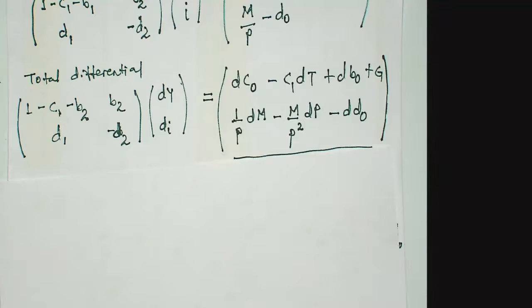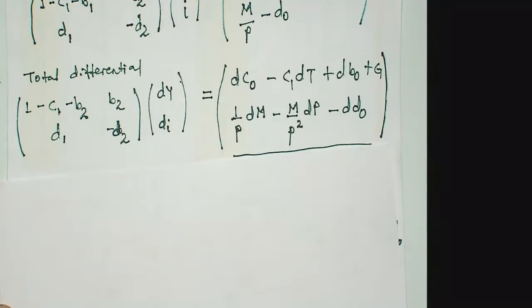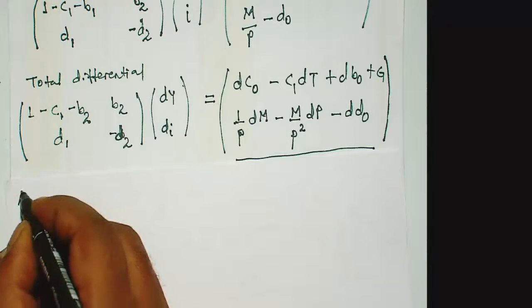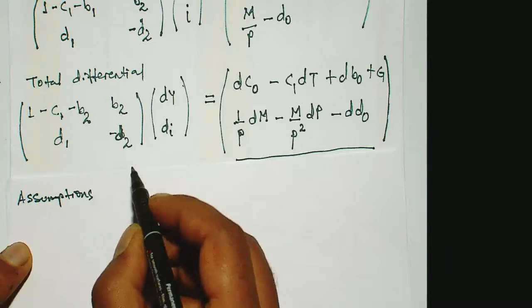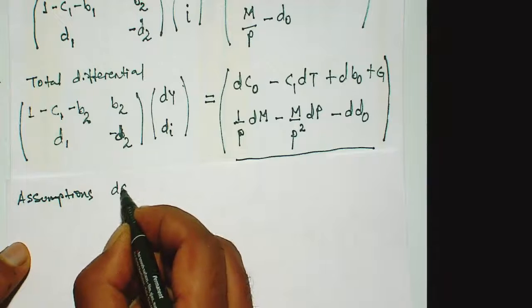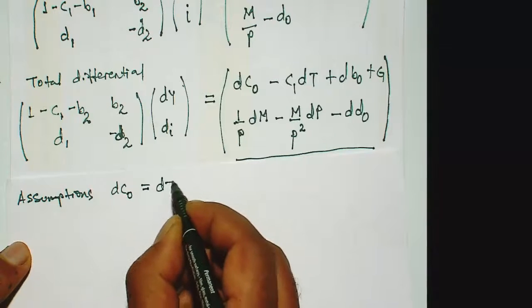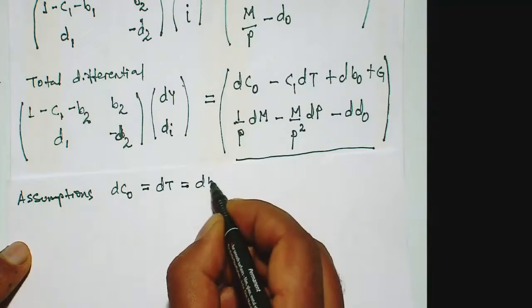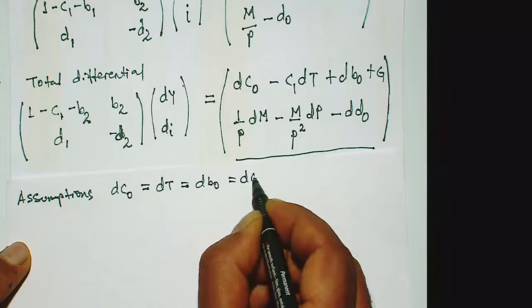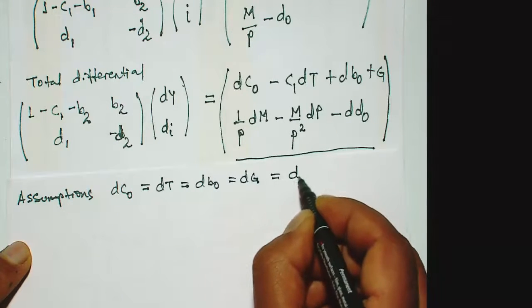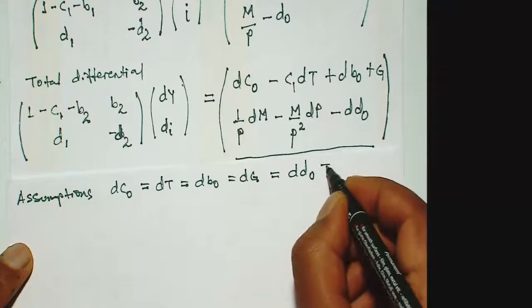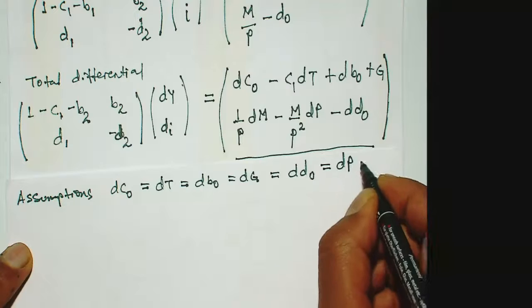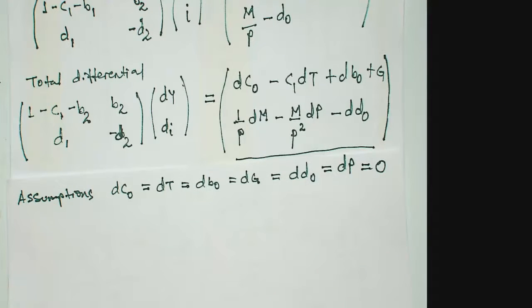So after the total differential, what we have to do is, like we always do, we have to have our assumptions clear. So our assumptions are dC0 is equal to dt is equal to dB0 is equal to dG is equal to dD0 is equal to dP. So all of these terms should be set to 0.